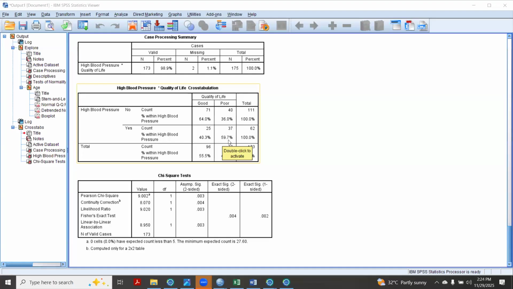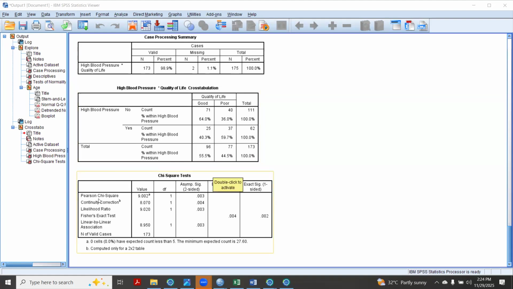So there were more poor quality of life in those that have high blood pressure compared to those that did not. Are you seeing that? 59.7 against 36.0. So high blood pressure causes higher poor quality of life compared to those that do not have high blood pressure. And what is our chi-square saying?